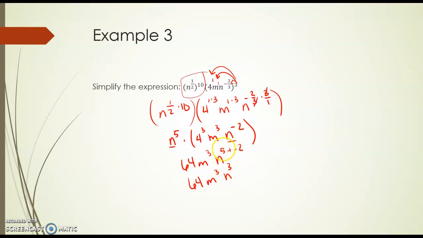Now because the 5 is bigger, you could have put the n in the denominator because that's negative, but we were able to make it positive without having to move it up and down between numerator and denominator. And so that's our final answer, 64 m cubed n cubed. All right.